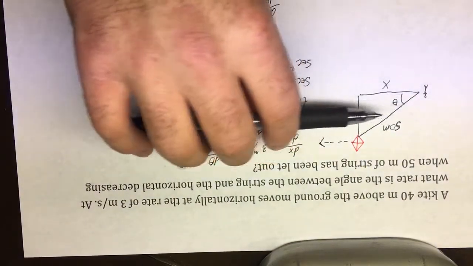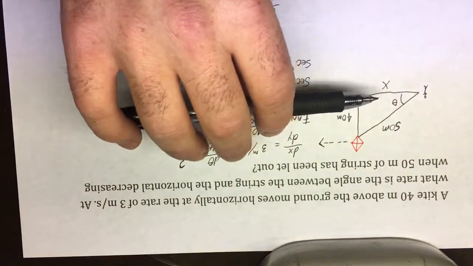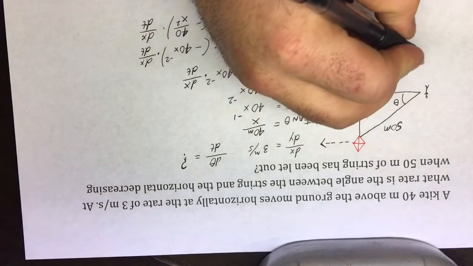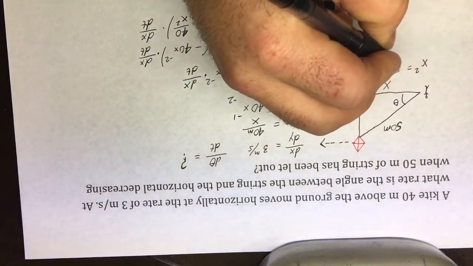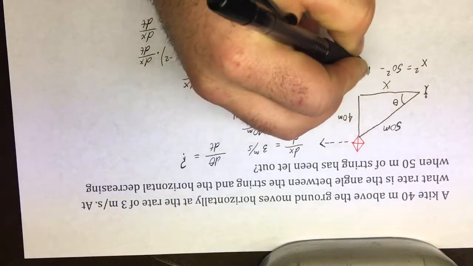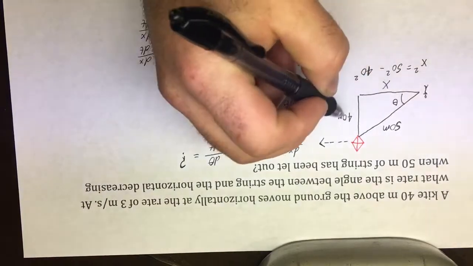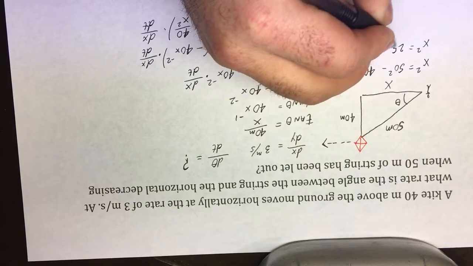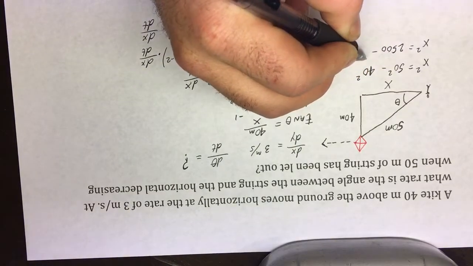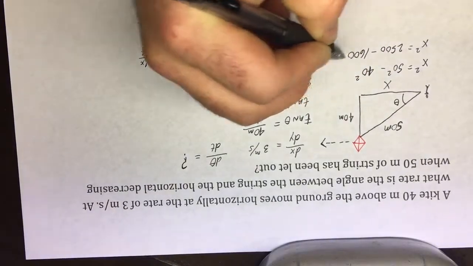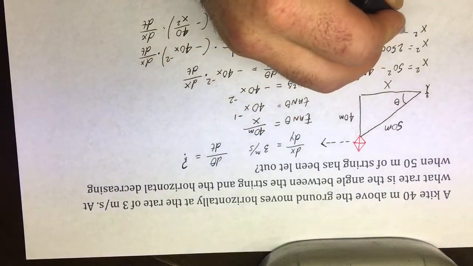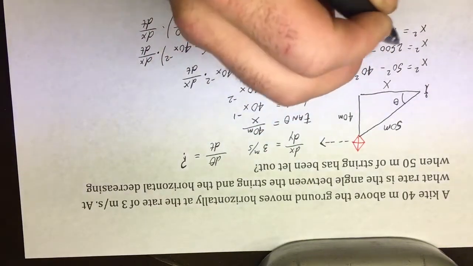Now if we look back at our triangle, we see, of course, a triangle and also the Pythagorean theorem. This can be written as x squared equals 50 squared minus 40 squared, a 3, 4, 5 triangle. So x squared equals 2500 minus 1600, and if we do the math there, that gives us 900.